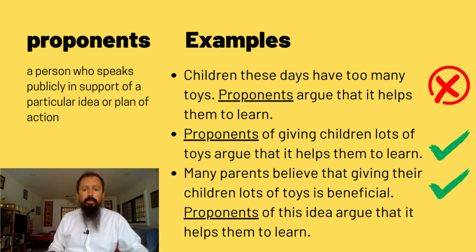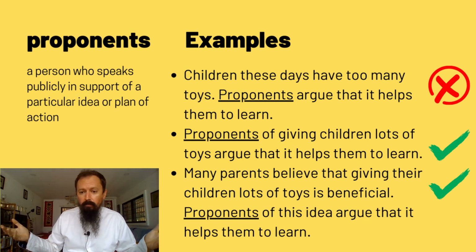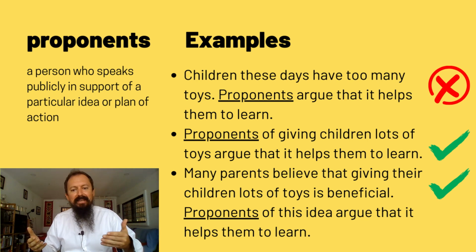So that makes sense, actually. The problem is they're not really referencing back to a previous idea. So often they say proponents, and the reader is wondering, proponents of what? Because there's no context given, right?